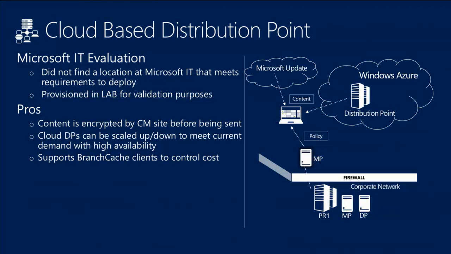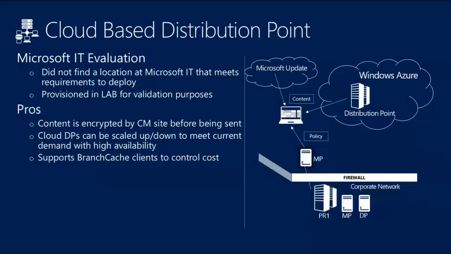One of the key advantages that Cloud DP offers is that it can be scaled up and down based on your requirement. Theoretically, of course we haven't tested this either, you could have a Cloud DP service an entire region, not just a particular location. If you have multiple pockets within a particular geographical region, you could have Cloud DP service them.